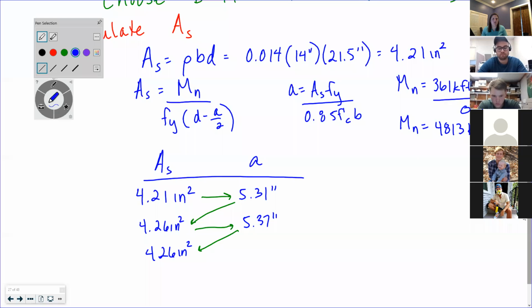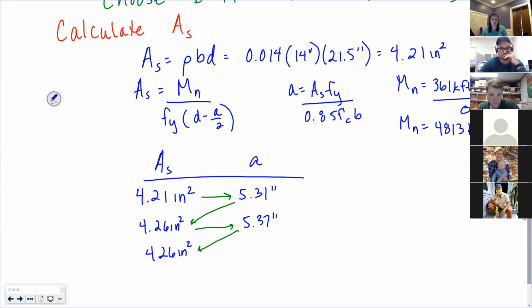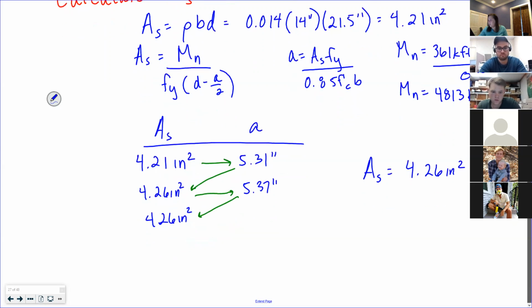Anybody else? Anybody have any questions about that? Maybe see where the calculations were different? That's a lot of steel. You're right.